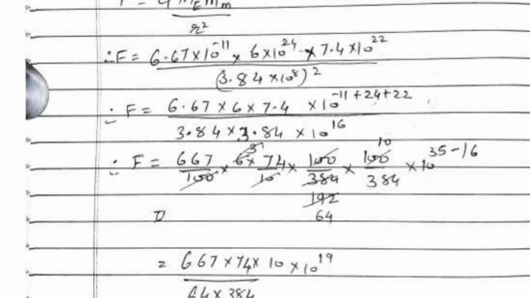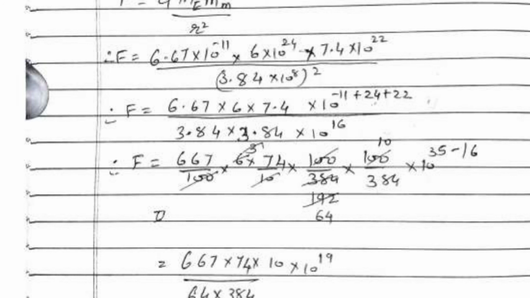So it will come to 10 raised to 9. So this part is over. Now here, whatever possible cancellation is there you can do. You can just cancel this 100, here 10 10s are 100, so 10 came up. Then you cancel with this 6. What you will be left with here is 64.